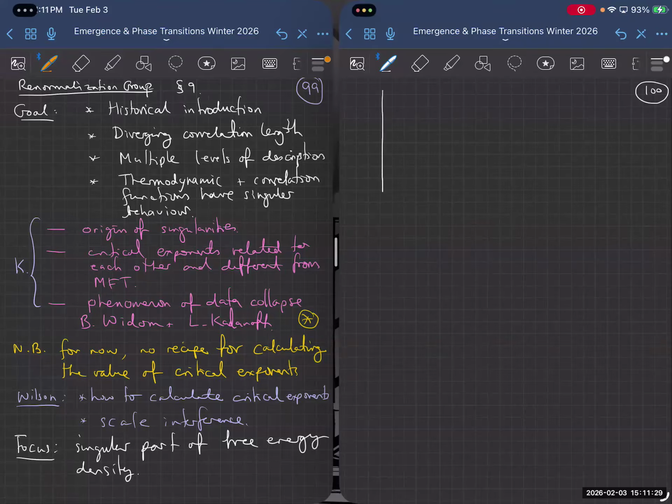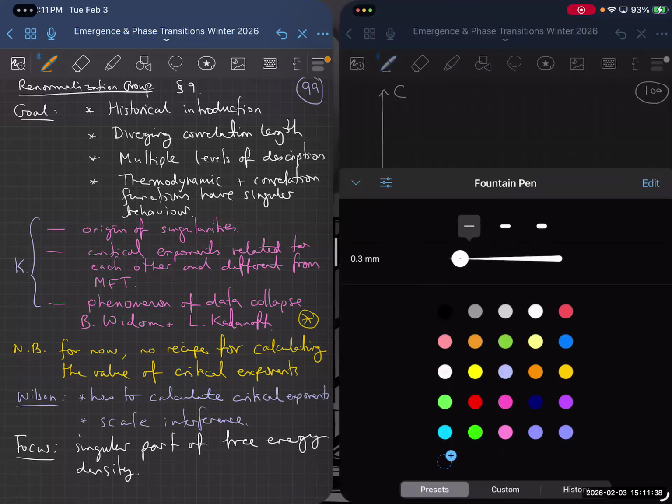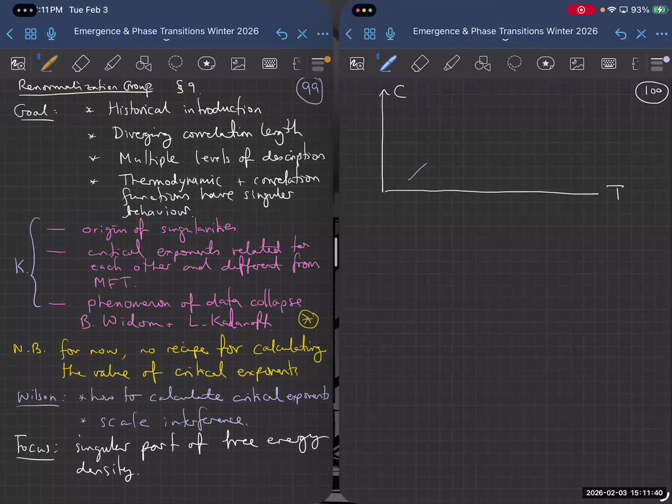So here is some data, and I'm just going to sketch some data. This might be, say, the heat capacity of a high temperature superconductor. The heat capacity looks something like this. And then at TC, let's say TC is here, you get this little blip on top of it that looks like this.